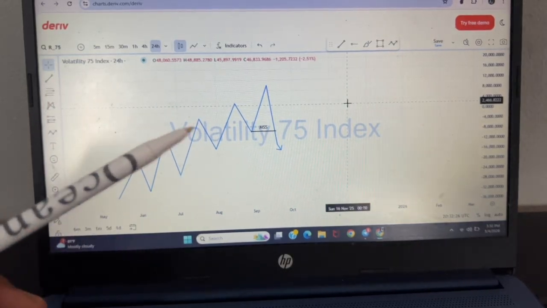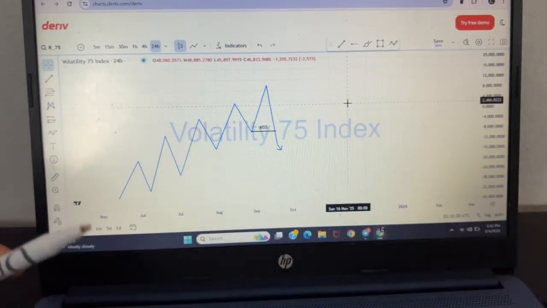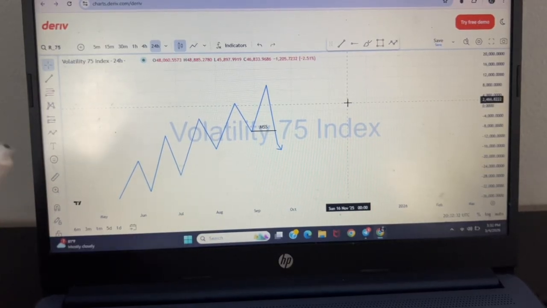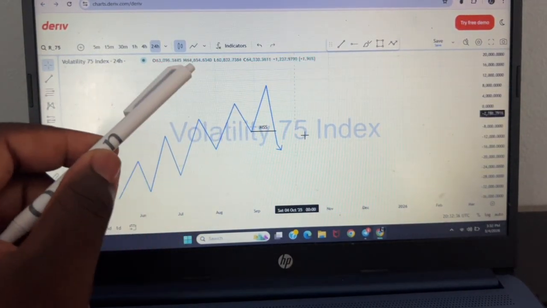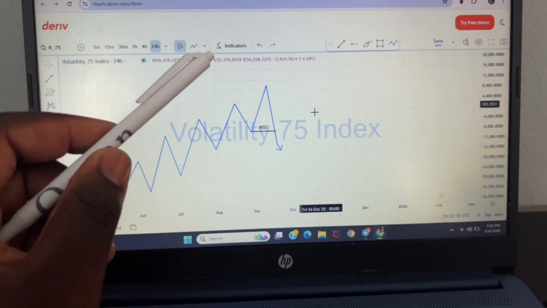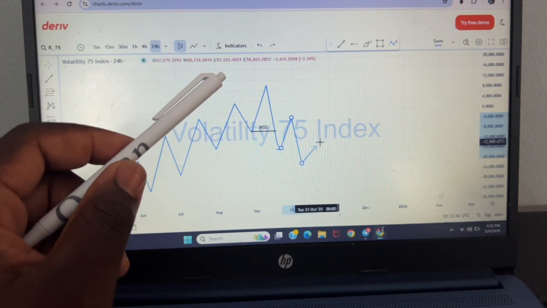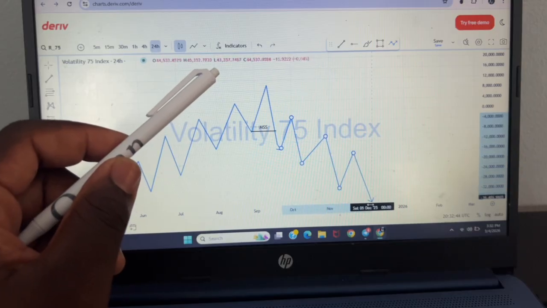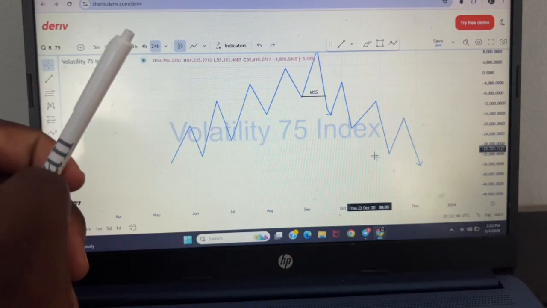But you get this MSS, this market structure shift. This doesn't mean you're going to enter after this market structure shift, as it said. This means you're going to open your eyes, because you want the market to do something like this, to pull back, and then start to form lower highs and lower lows. So you want the market to shift from an uptrend to a downtrend.